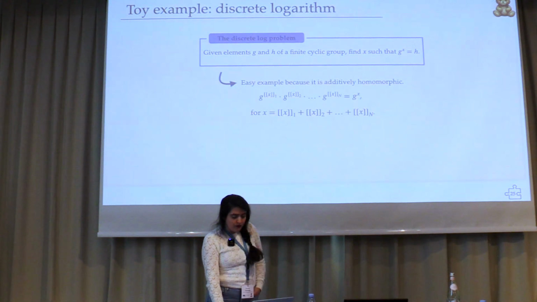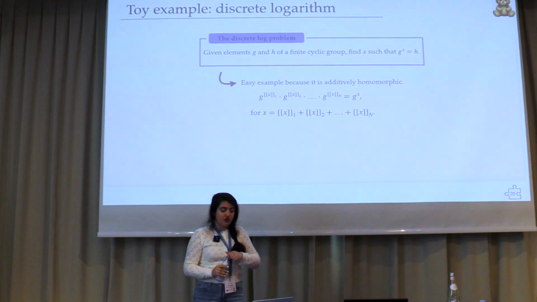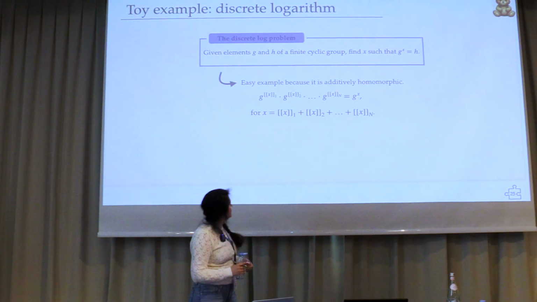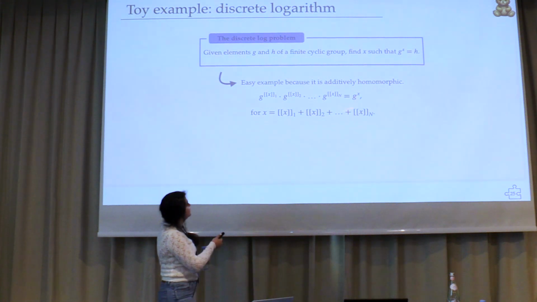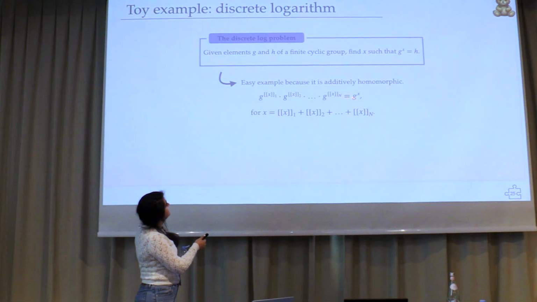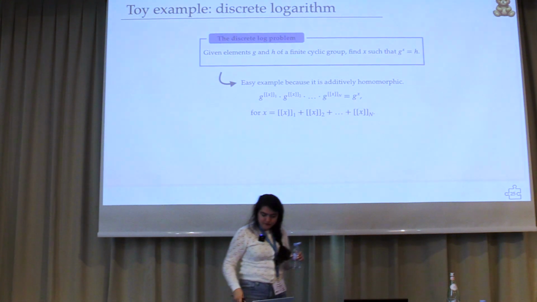Why is the discrete log interesting here to explain? Because it is very easy to share. If you have this sharing of x, x1 to xn, then g to the first share times g to the second share times up to g to the nth share is equal to g to the x, because, remember, the exponents sum up when the terms multiply.